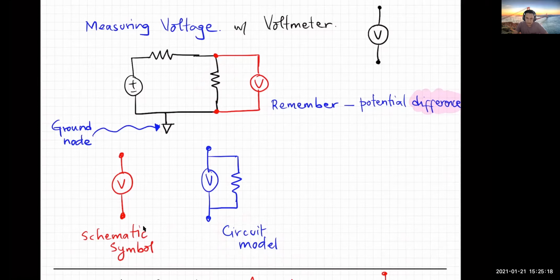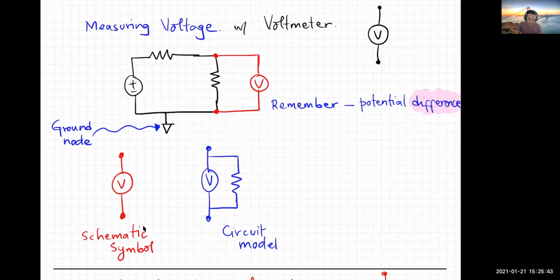So this voltmeter, it's a very complicated device. It has a lot of internal parts, but we can model it in a simplified way as a voltage measuring device plus some non-ideal resistance that it introduces into the circuit whenever we connect it.